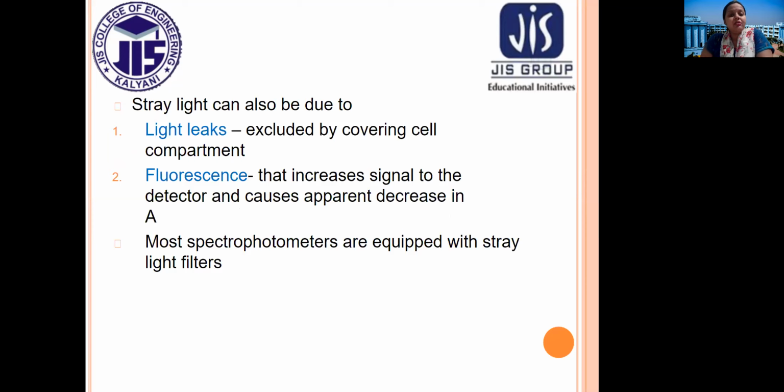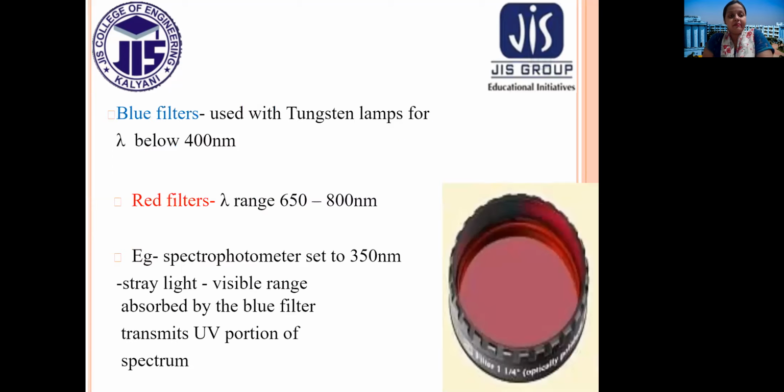Stray light can also be due to light leaks, which are excluded by covering the cell compartment, or fluorescence that increases the signal to the detector and causes an apparent decrease in absorption.